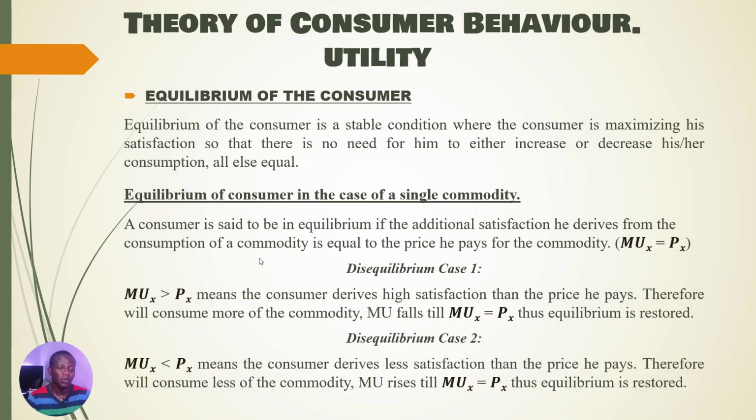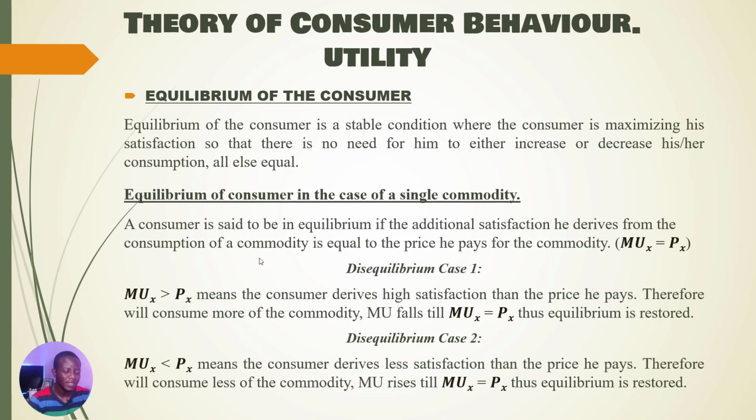Now, when is a consumer said to be at equilibrium? So, equilibrium of the consumer is a stable condition where the consumer is maximizing his satisfaction so that there is no need for him or her to either increase or decrease his or her satisfaction, all other things being equal.